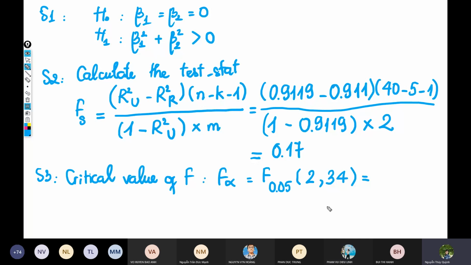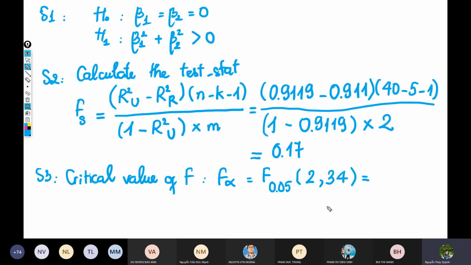Can you find it? I'm trying to. Yeah, use the function invFtail.